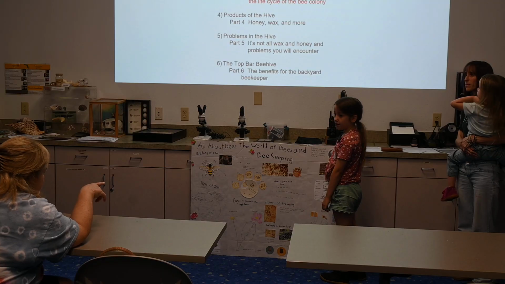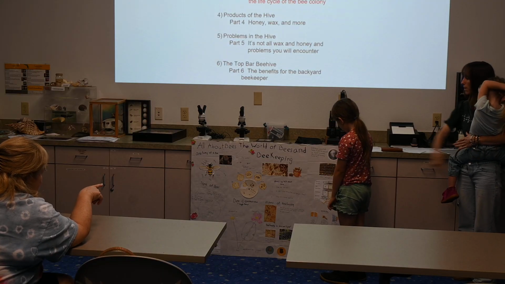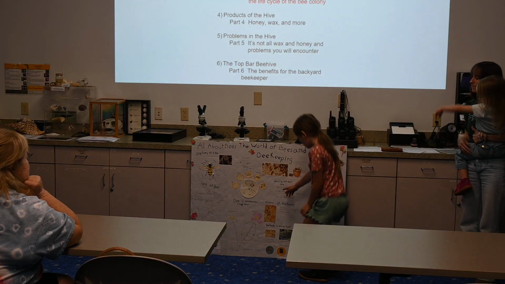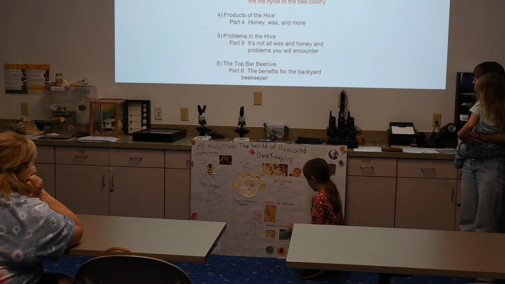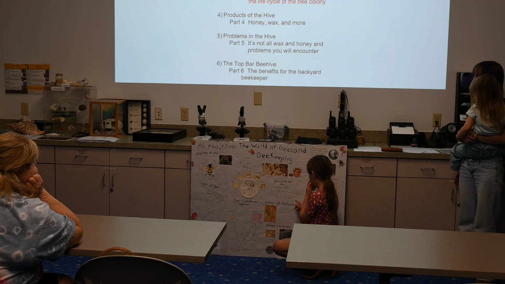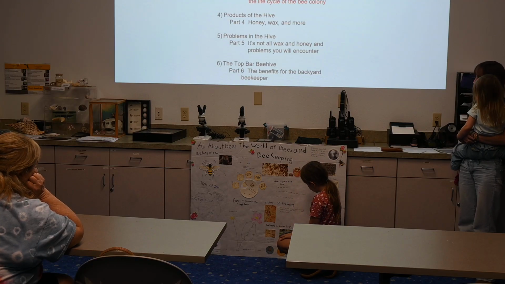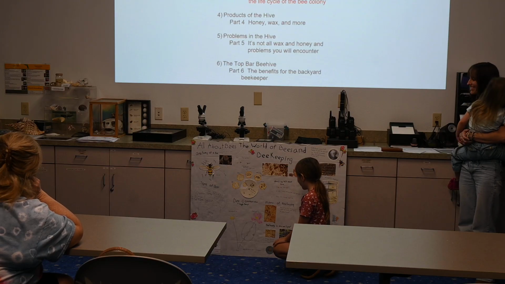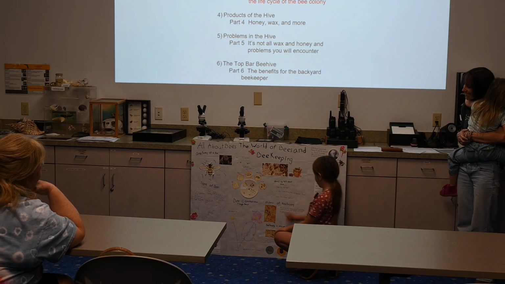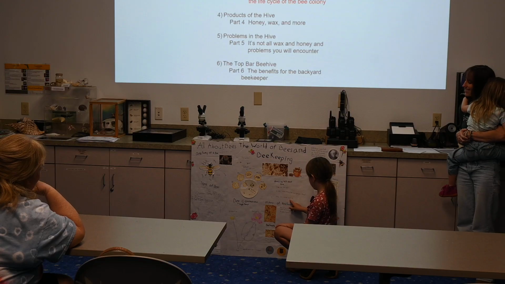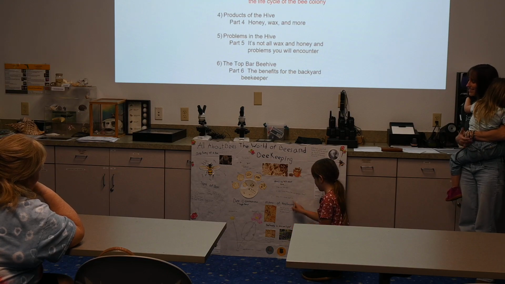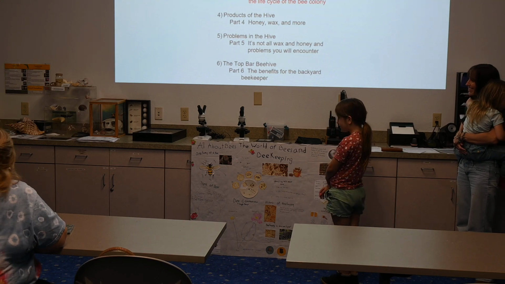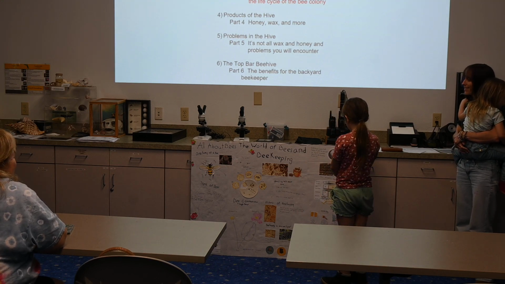Oh, I wrote, honey never goes bad, and to make 1 pound of honey, bees need to visit 2 million flowers. And honey is nature's medicine. It's antifungal, antibacterial, does all sorts of stuff.